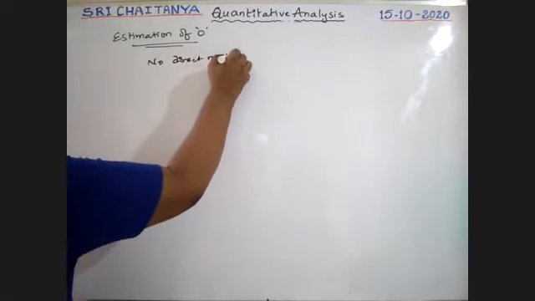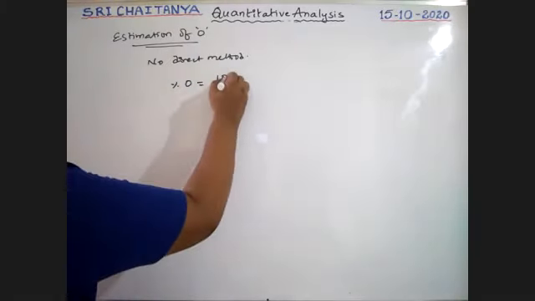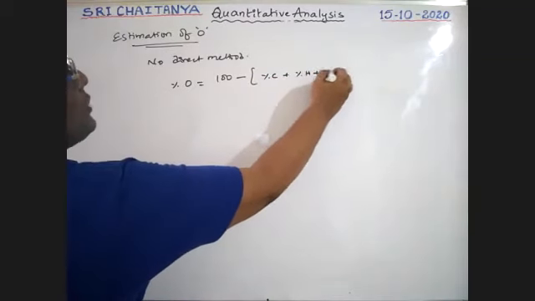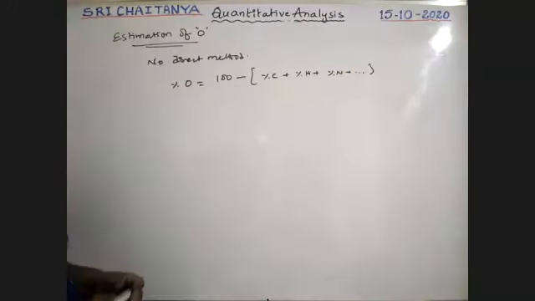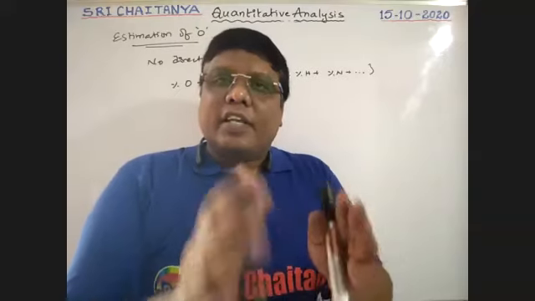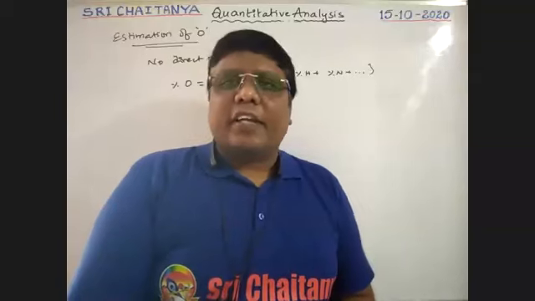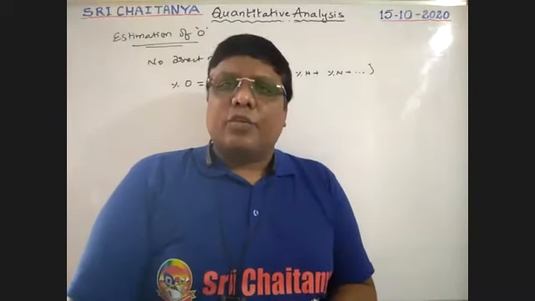Percentage of oxygen is equal to 100 minus the sum of percentage of carbon plus percentage of hydrogen plus percentage of nitrogen, etc. This is the way, boys. So no direct method. The summation of all percentages is subtracted from 100, which gives the percentage of oxygen. It is the only way. No other methods are used here.